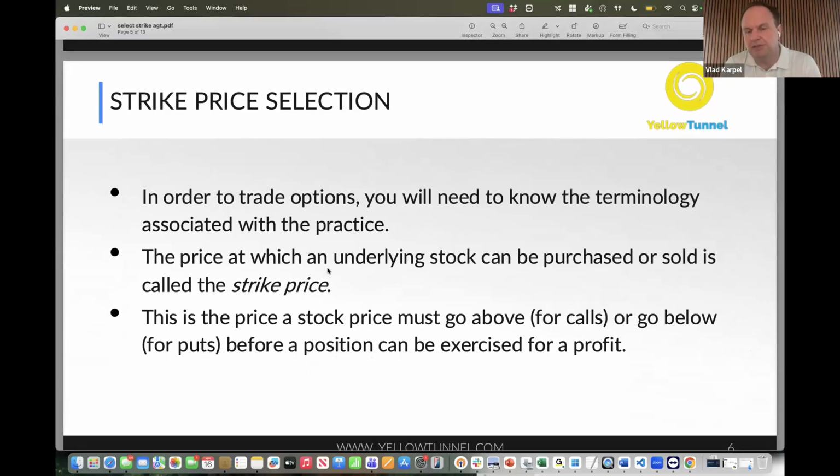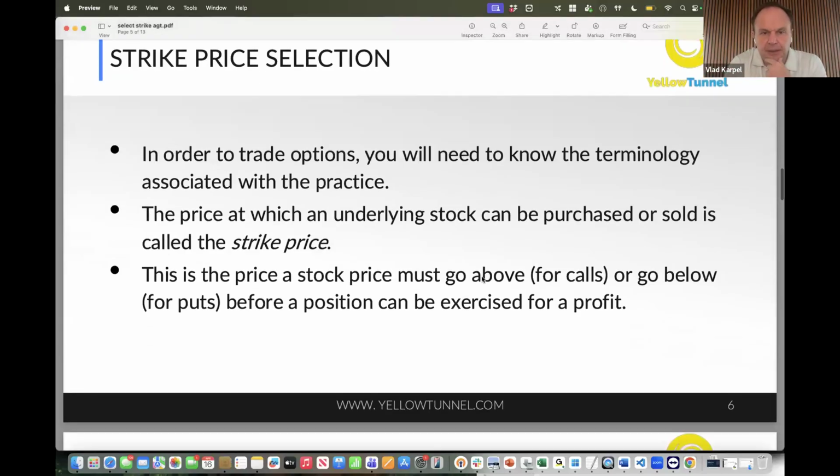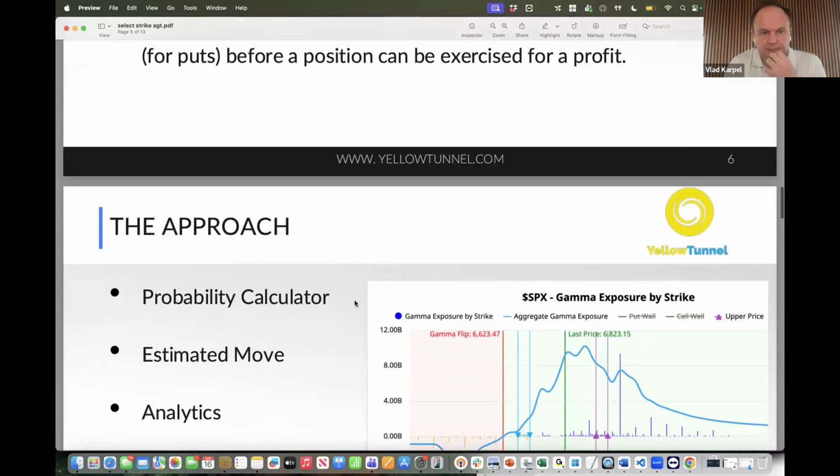They will send the appraisal. They will try to figure out the estimated price, and that's the strike price. So in strike price selection, you're basically saying to what level the stock can go by a certain time frame. For the calls to go higher, for the puts to go lower, than what the underlying stock is.